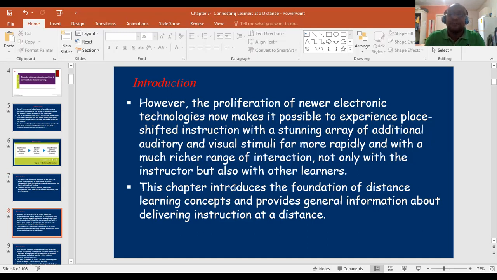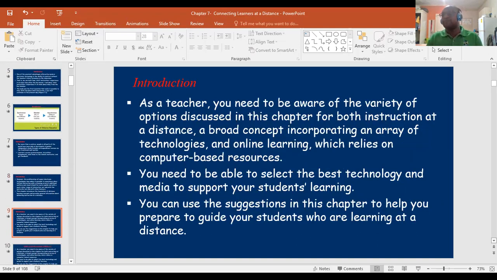So this lecture, therefore, would introduce us to the foundations of distance learning, the concepts that are emphasized, and also the provisions in terms of the information about delivering instruction at a distance. What are some of the nitty-gritties, the foundations, the principles that are emphasized?